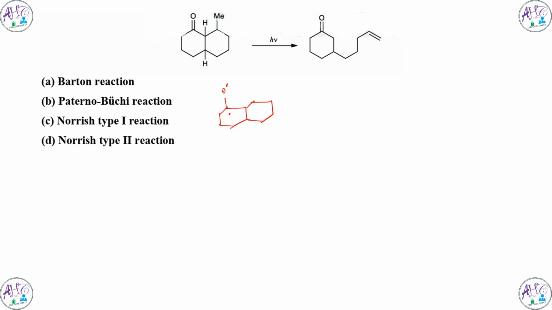Now further, there are two possibilities to stabilize this radical: either you can break this hydrogen or you can break this bond. So if you break this bond, this can be easily stabilized. Okay. So if I break this bond, this is going to form a double bond here. This will have your O radical and then you will have your rest of the groups like this. Radical and then you'll have your methane.